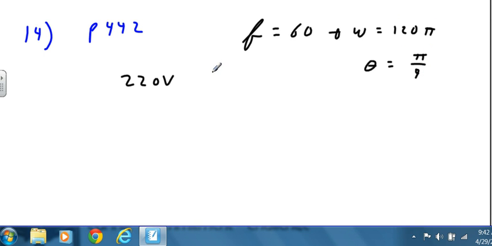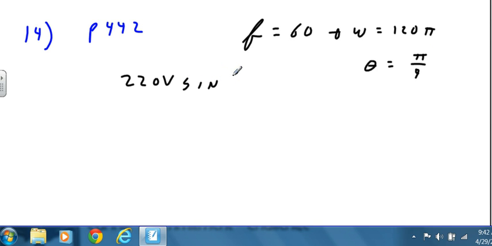So I can write this as a cosine function or a sine function. Write the equation of the voltage. What do you think? Should I write it as a sine or a cosine? Sine.